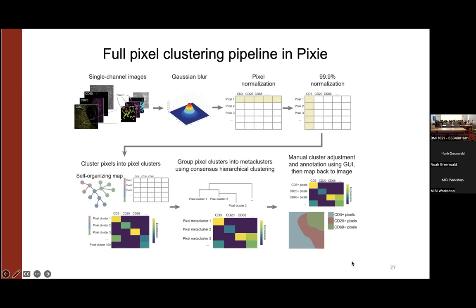Why did the sigma level have an impact on the cluster consistency score? Yeah, that's a good question. I think of the cluster consistency score as a metric for how well the pipeline is doing. For a very low sigma, there's a lot of noise, so it's not very clear what the separation of the data actually is. A lot of pixels may look like they're expressing a whole bunch of different stuff.